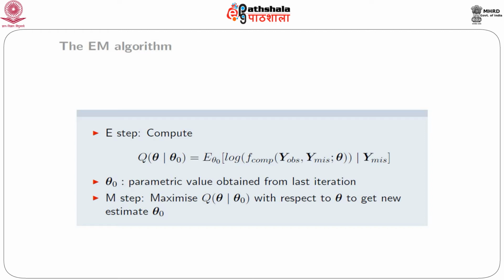Now, what do we do in the M step? We maximize Q of theta given theta naught with respect to theta to get the new estimates of theta naught. We put again the new estimates of theta naught in the E step and again do this M step until and unless we converge to a value of theta.